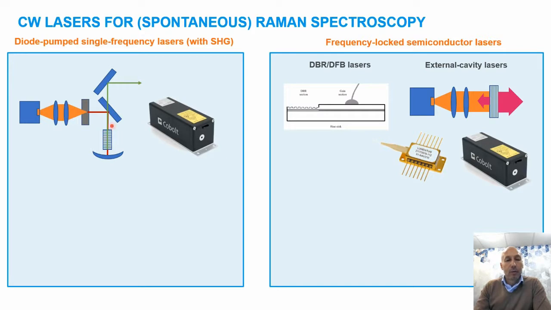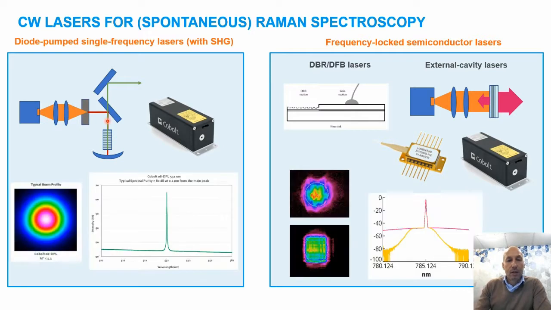And then we get output in the visible. And by using cascaded nonlinear optical elements, you can take this further down in the UV. These lasers are made to operate on one single longitudinal mode by various types of intracavity frequency filters. So these types of lasers have slightly different characteristics in some of the performance parameters.